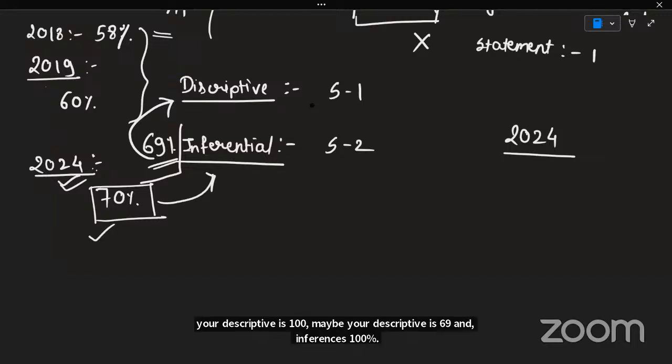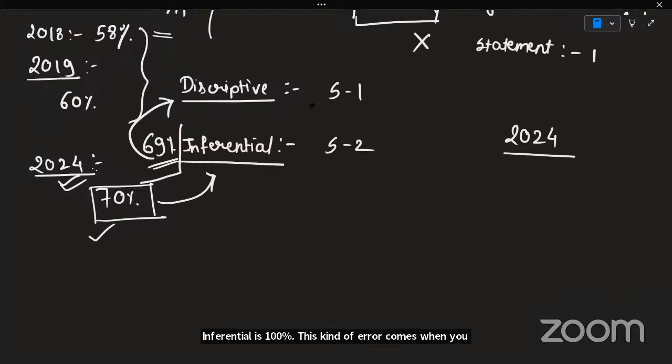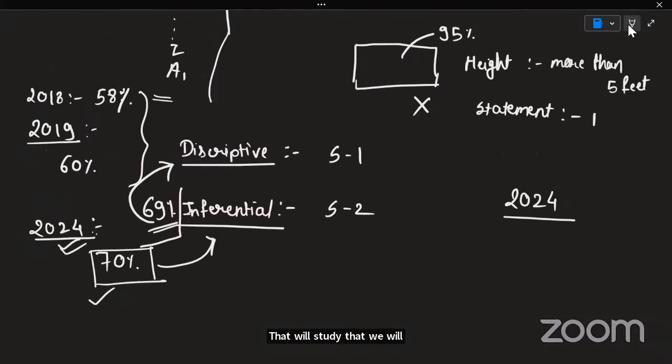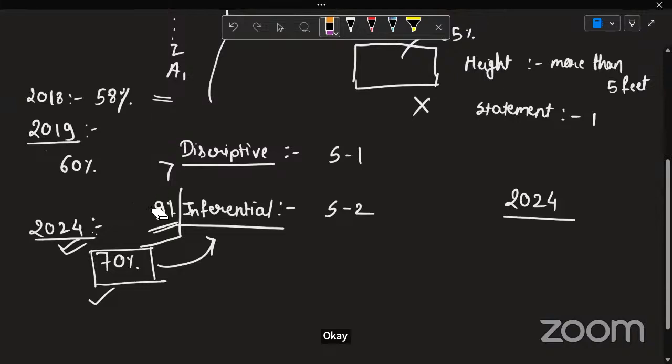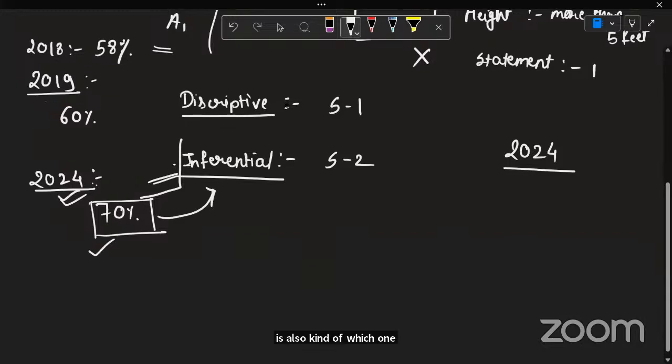This kind of error comes when you select your sample from the dominant part of the population. That we will study in future. What about election exit polls? When you talk about that, which one is it? Inferential, right? Fine. Ma'am, in question number 10, can you please explain it?